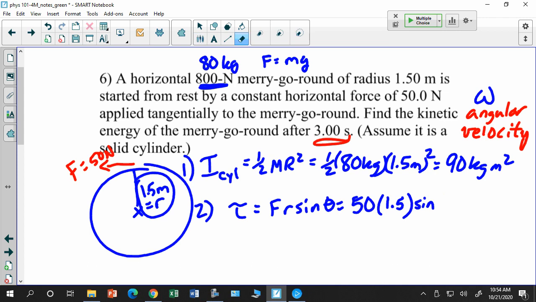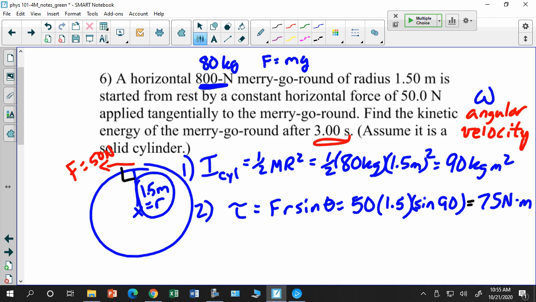Because it says that the force is applied tangentially. That means that the force is applied at the edge, at a tangent to that circle, so the angle between the moment arm and the force is 90 degrees. So 50 times 1.5 is equal to 75 newton meters.